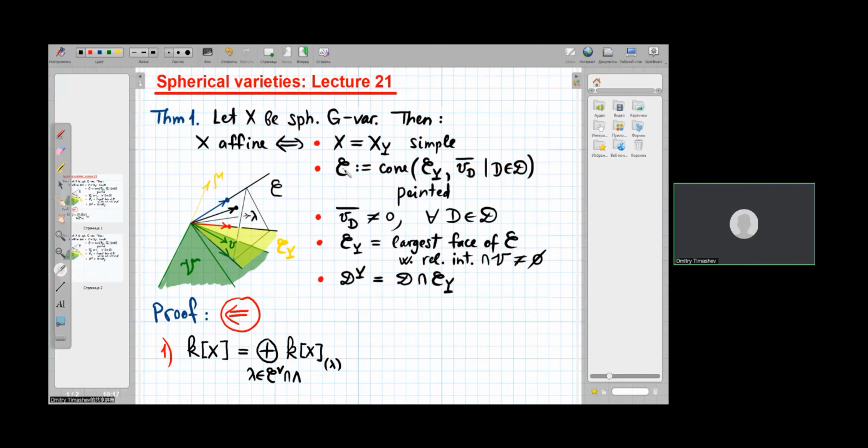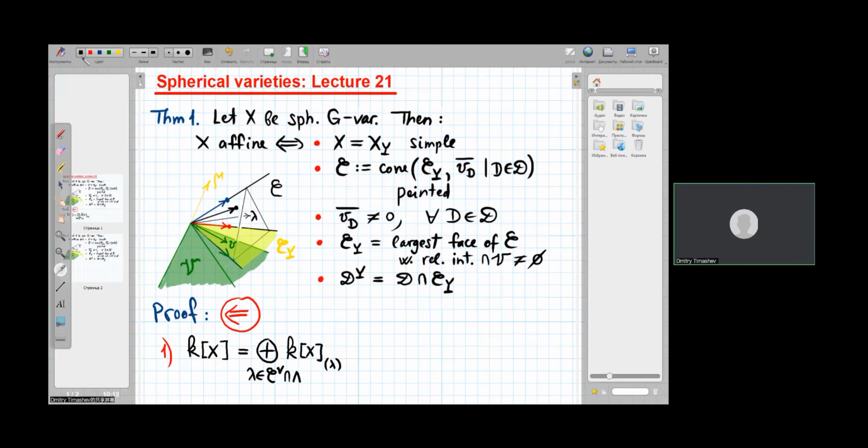And if you take such a cone for any spherical variety, then you get the algebra of regular functions decomposed as here. You are right. So far, we used only this. This is not even a condition, because the condition is that this cone is pointed. We just use the definition of this cone to write this decomposition.